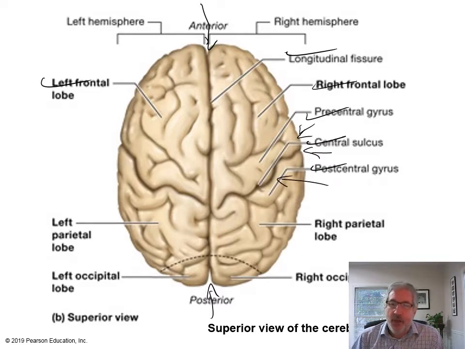And then you have a left and right parietal lobe and a left and right occipital lobe. That's a superior view, looking down on top, and you can see the central sulcus very easily. In front of that, the first major gyrus you see is the precentral gyrus, and the one posterior to it is the postcentral gyrus.